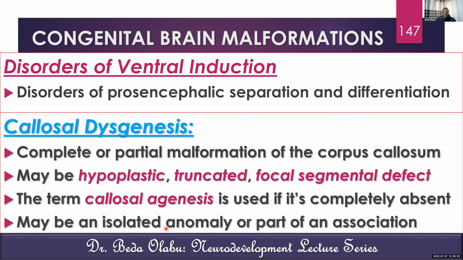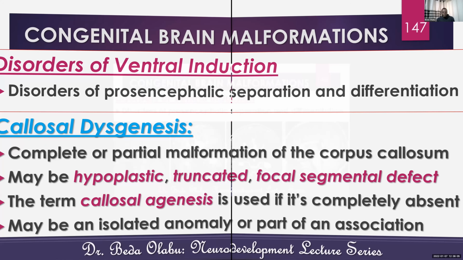Generally, callosal agenesis may be an isolated anomaly, meaning that could be the only malformation we are seeing in that particular brain. But a number of times, it's just part of an association of malformations. For example, callosal agenesis may be part of Chiari 2 malformation, as you've seen.